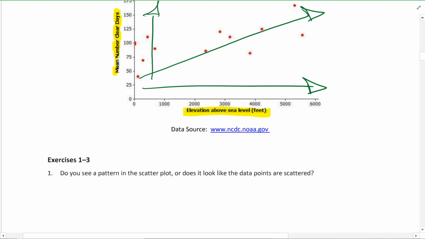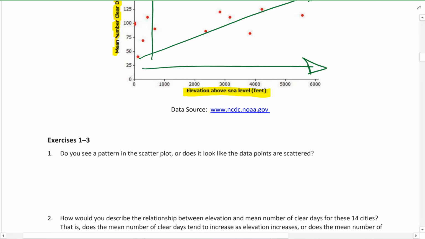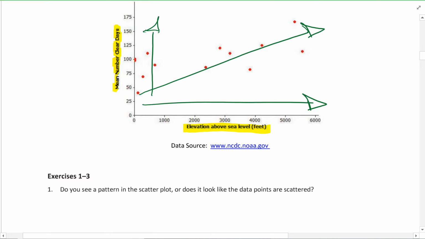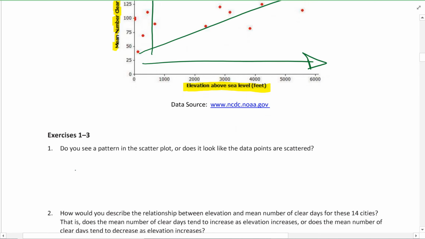So again, it may seem like there's no pattern at all, but at a closer look, it seems like, all right, as the elevation above sea level increases, that means the mean number of clear days increase. Now, again, with these linear relationships, they may seem weak and they may seem strong. So if I'm looking at this from that viewpoint, again, since it looks somewhat scattered, I would say this is a weak relationship.